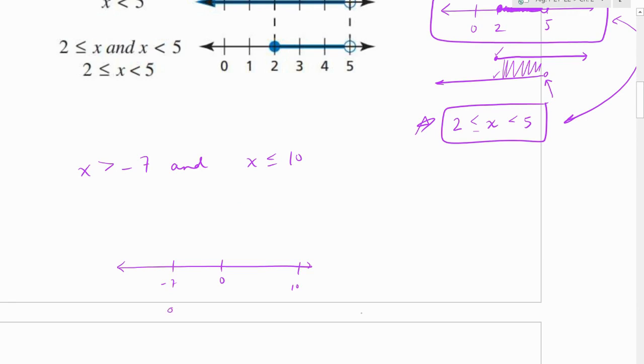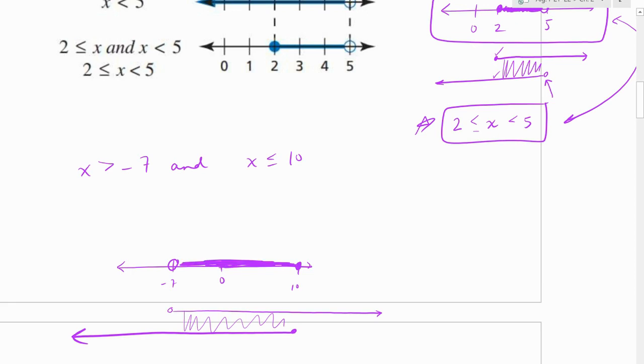Here's the numbers bigger than negative 7. Here's the numbers 10 or smaller. Here's the numbers that are both. Negative 7 is not both. It's not bigger than negative 7. 10 is. It is both less than or equal to 10 and bigger than negative 7. And all those numbers in between also work.